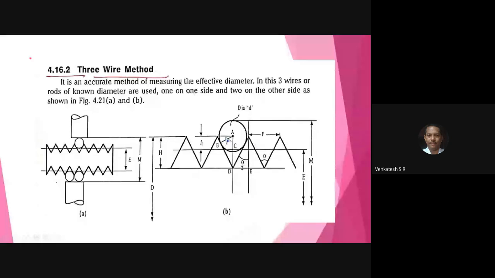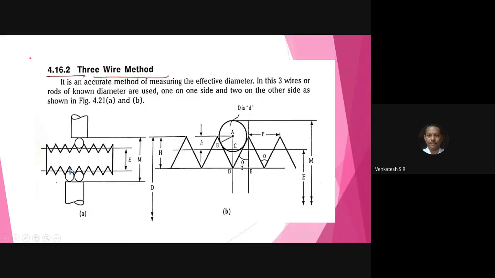Complete the triangle like this, A, B, C, D. Then put a vertical line which touches the pitch of the thread, and that is theta by 2, half of the thread angle. Theta is the thread angle, P is the pitch, and E is the effective diameter. Above the axis is addendum, below the axis is dedendum. Complete the diagram like this.